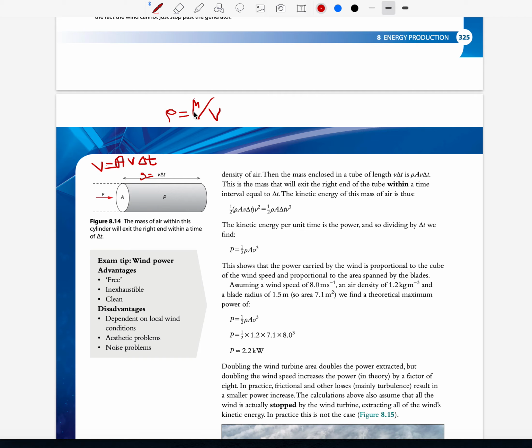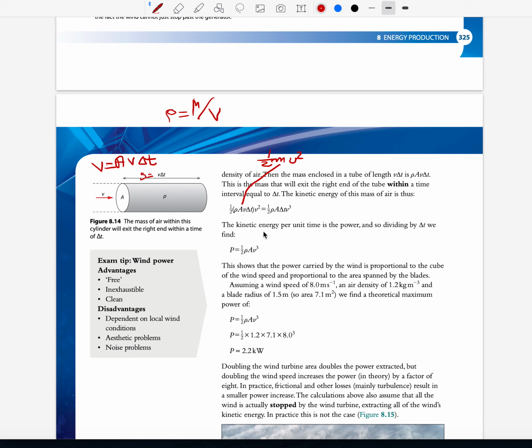So now in the kinetic energy, 1/2 mv squared, v is the speed. This mass will be written in terms of the density and the volume. So the mass is rho times A times v times delta t, and then the speed squared.